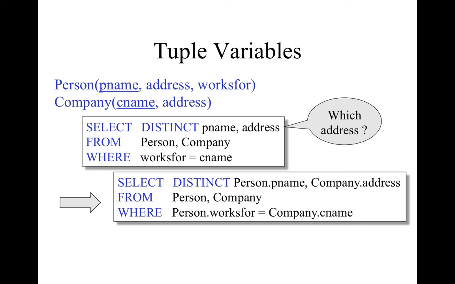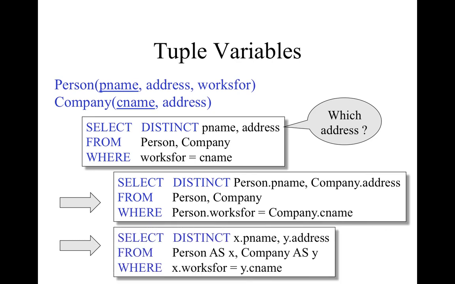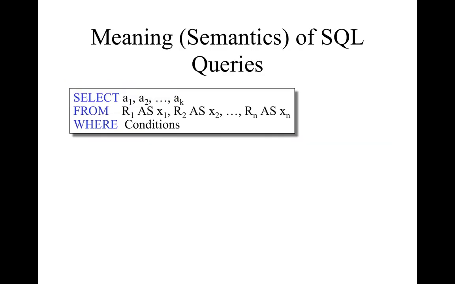What you'll more commonly see is the variable attached to the table name. So you'd be looking at select distinct person name, company dot address, which is basically going to say that we're looking at the company address and not the person's address. And that's just another example of how to best display this.